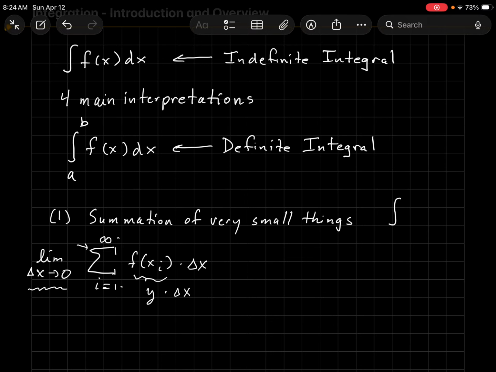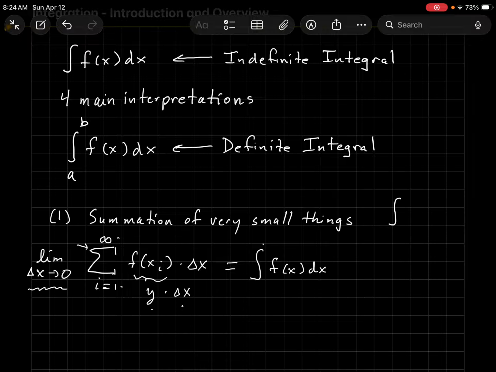So it is a summation of very small things, but in particular, a y times a delta x. That notation becomes a little bit cumbersome, which is why we change it to look like this. But when you see this, I want you to see it is a summation of very, very small things.